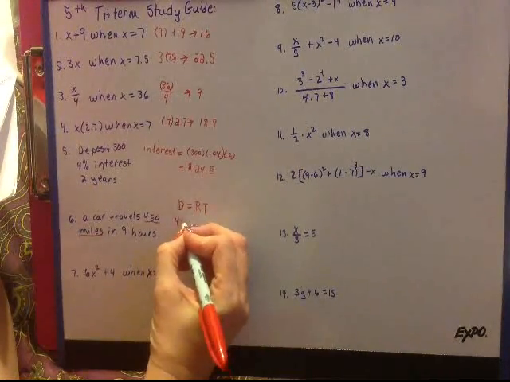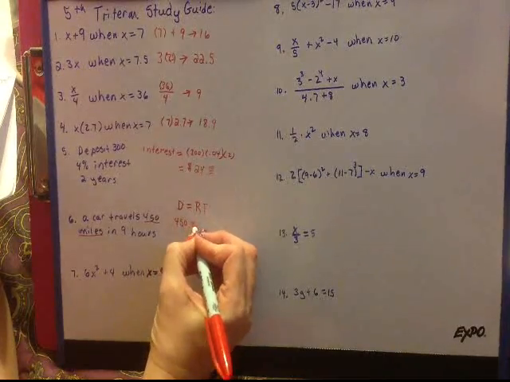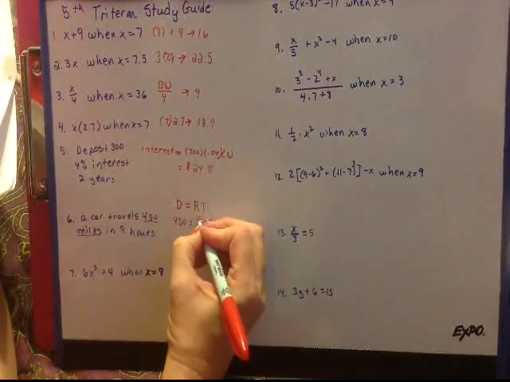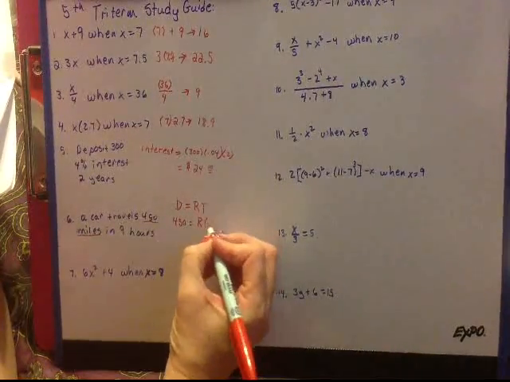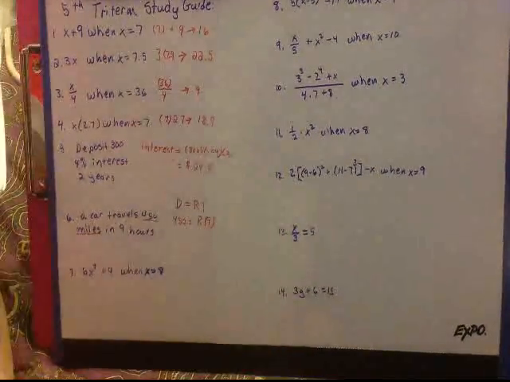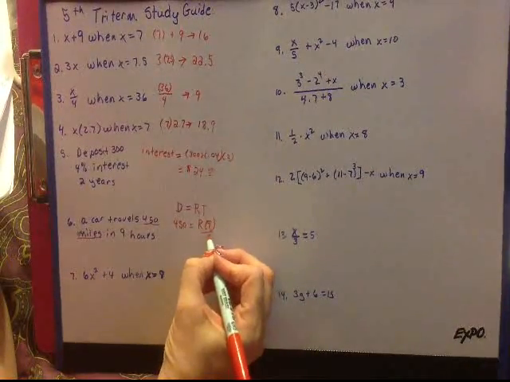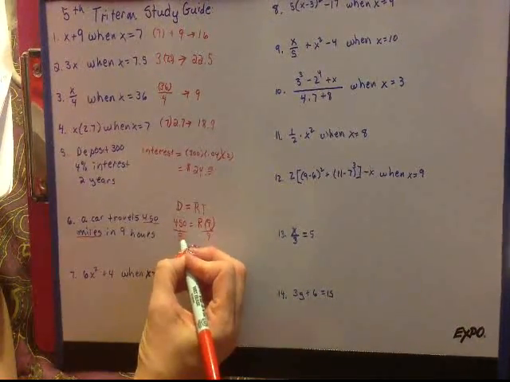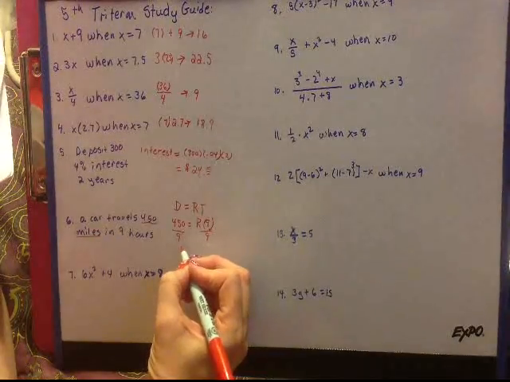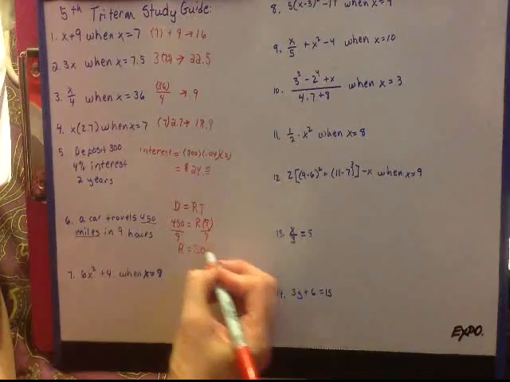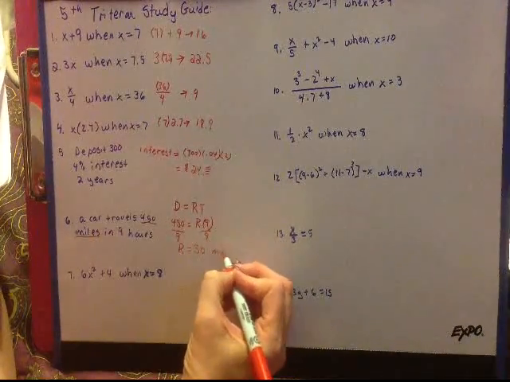So 450 equals, we don't know what the rate is, so we're going to say rate times 9. We're going to solve for r. On both sides we're going to divide by 9. And we're going to get that our rate is 50, which means 50 miles per hour.